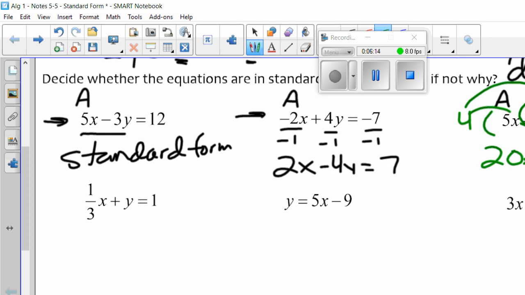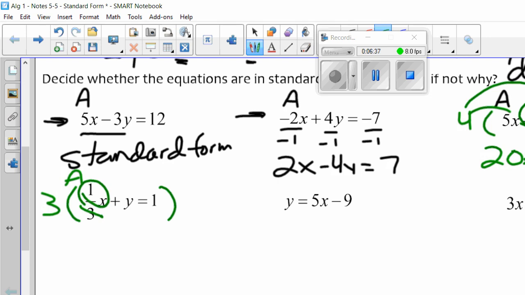All right, this one down here. Are x and y on the same side? Yeah, they are. Is A positive? Yes, it is. Are there any fractions? Yes, there is. So I need to get rid of it. I'm going to multiply the entire thing by the denominator. In this case, it's a 3. So the 3's will cancel each other out.